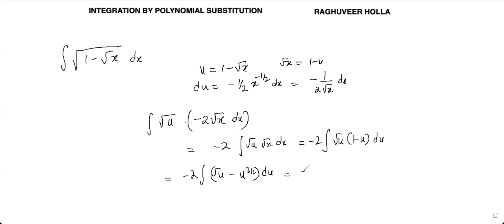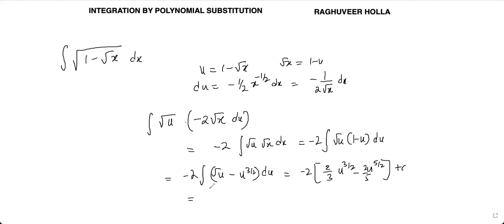So this will be minus 2 integral, u to the power of half becomes u to the power of 3 by 2 and 2 by 3. So this is 2 by 3 u to the power of 3 by 2 and minus this will be u to the power of 5 by 2 and 2 by 5, plus c.